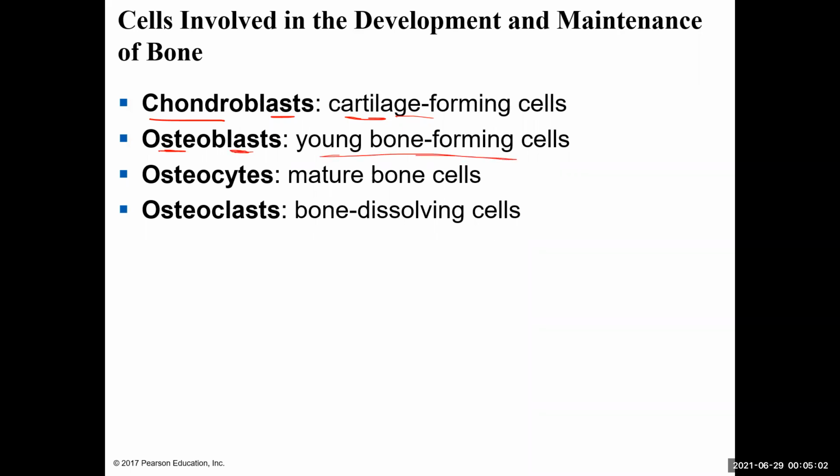So this is bone forming cells. Cytes are the mature cells, and since it's osteocytes, it's mature bone cells. And then clast is removal cells, and since it's osteoclast, these cells remove bone. Okay, so that's how you can remember what each one of those cells do and what their functions are.